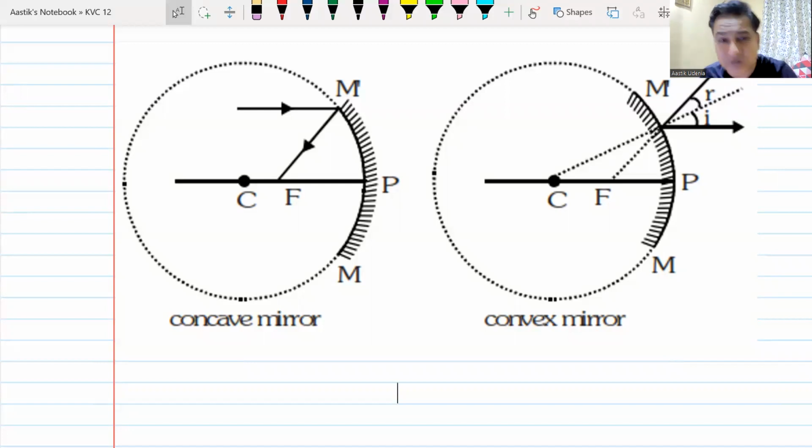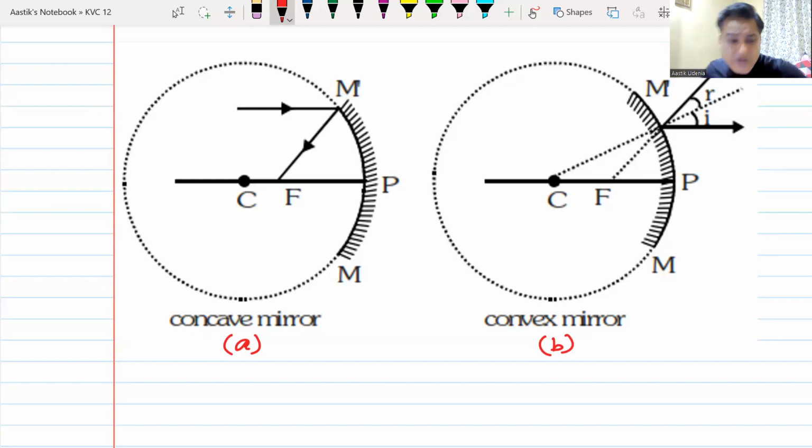But before moving on to the third definition, we must understand how these mirrors are made. On the first, number A, we have one mirror, and number B, the other mirror. One is the concave mirror and the other is the convex mirror. Who is going to tell me the difference between them? A concave mirror is curved inwards while the convex mirror is curved outwards.